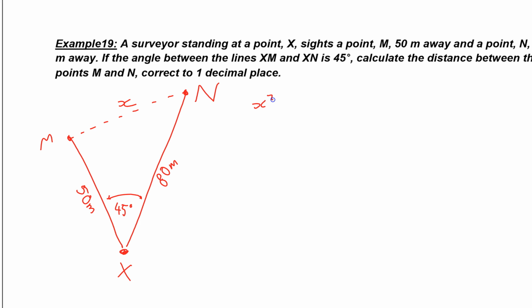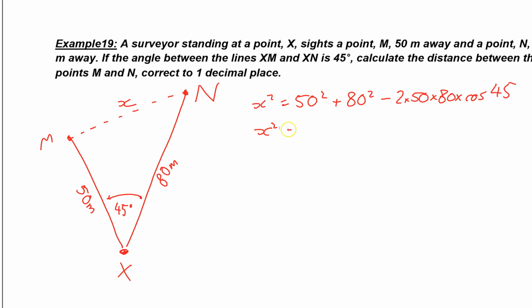So x squared equals 50 squared plus 80 squared minus 2 by 50 by 80 by the cos of 45.